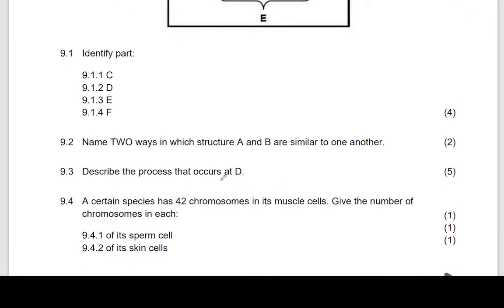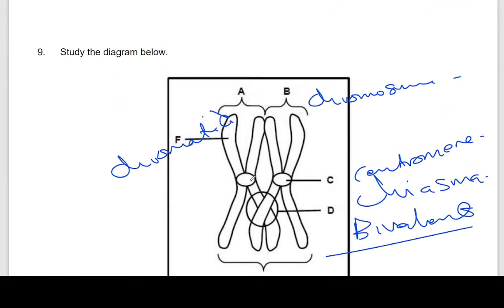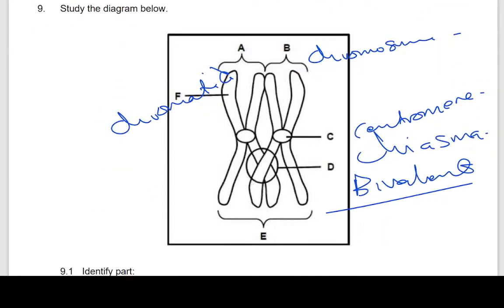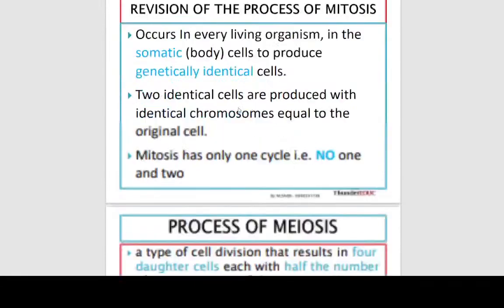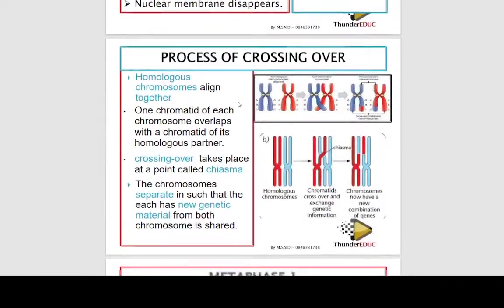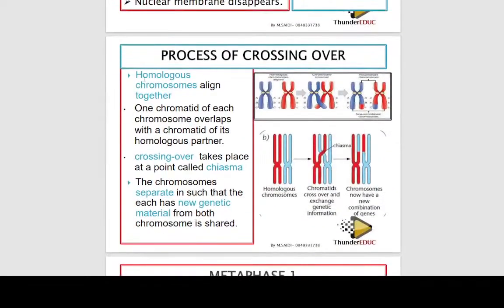They say describe the process at D. They're looking for crossing over. I also talked about it. Homologous chromosomes align together.